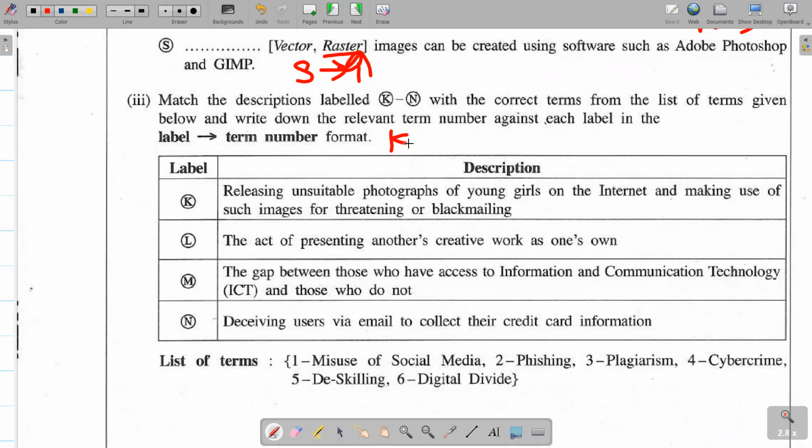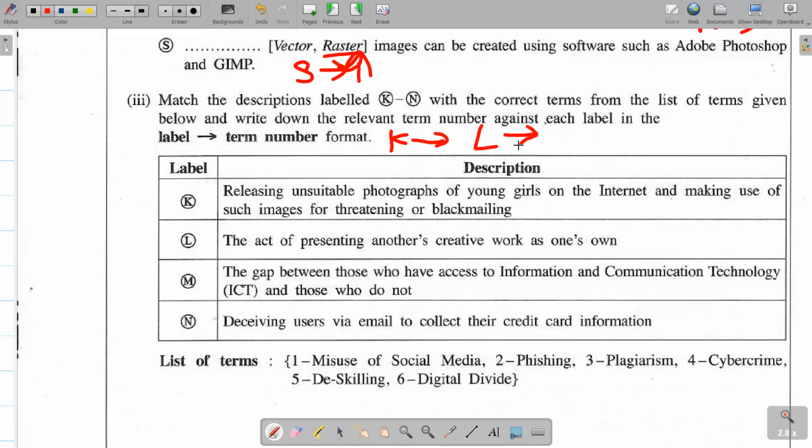This is what we call identity theft. Do we have identity theft over here? Social media phishing, digital divide. Okay, let's keep that and go.